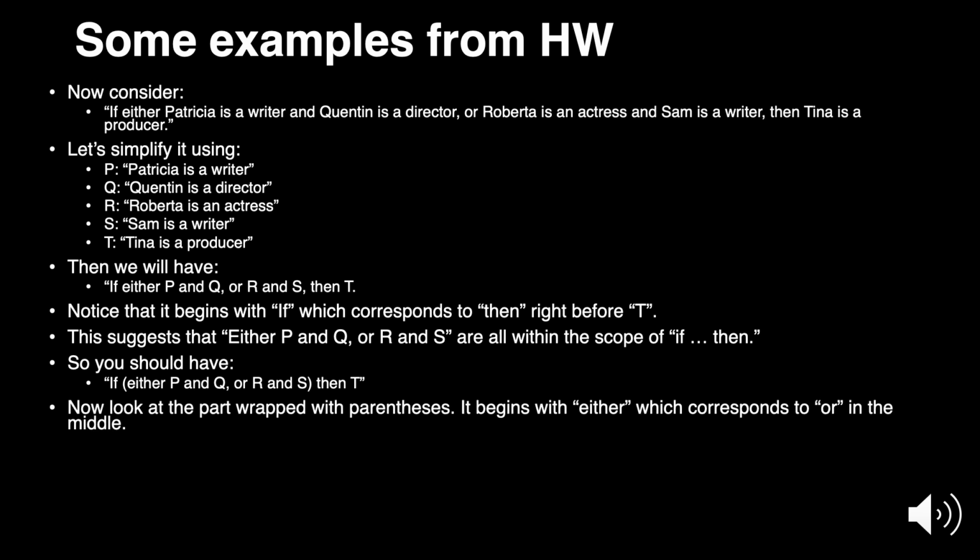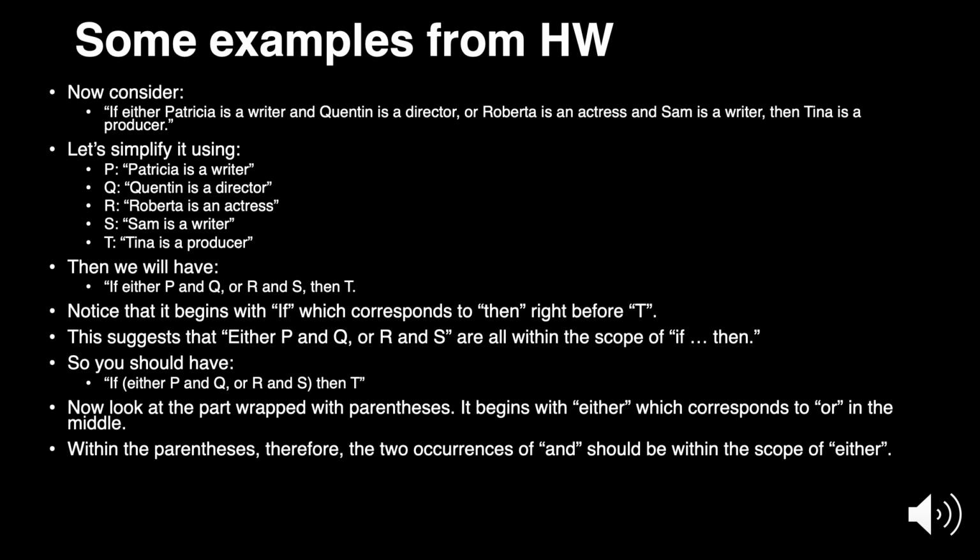Now look at the part wrapped in parentheses. It begins with either, and that corresponds to or in the middle. So within the parentheses, the two occurrences of and should be within the scope of either.